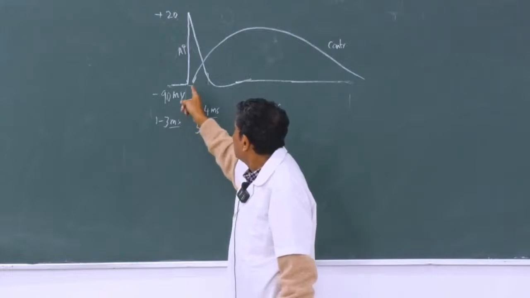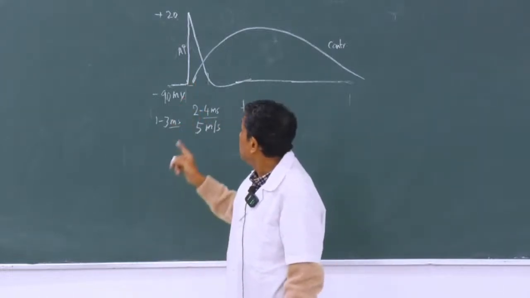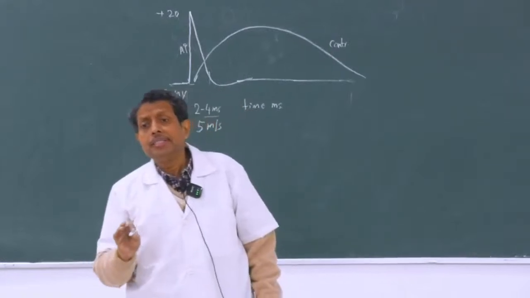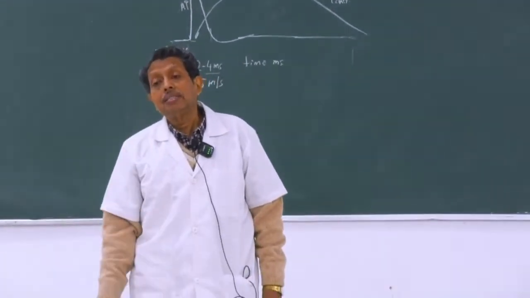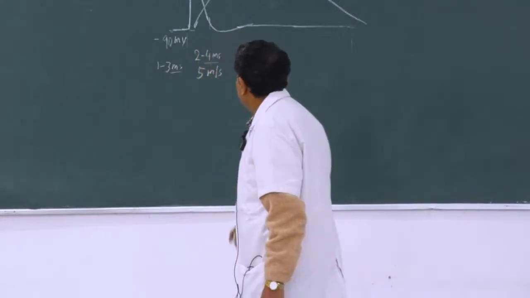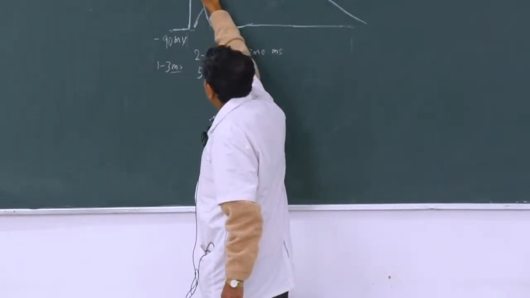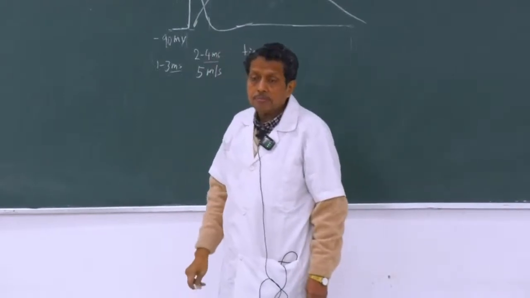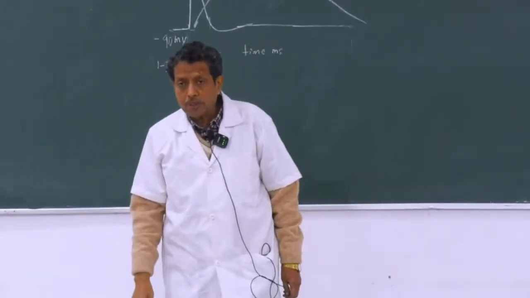In case of action potential of the neurons, you can remember that there is an absolute refractory period from the beginning, from the firing point to roughly one third of this, and then the relative refractory period.